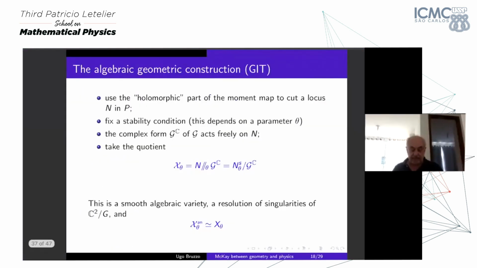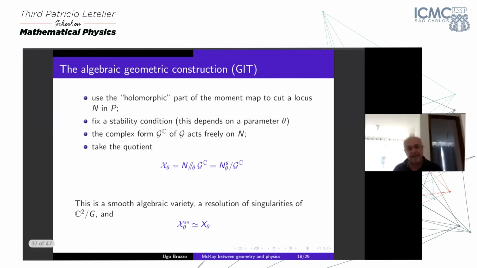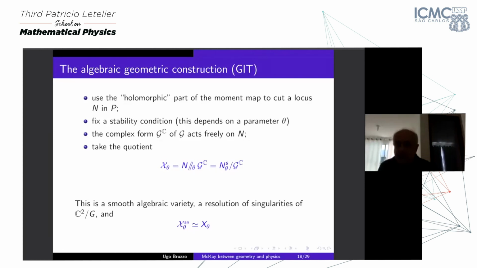So we are now in algebraic geometry. And then, of course, you still have the problem that if you take just the quotient now, you get something which is singular. And there's a way in algebraic geometry to select a subset of the space in such a way that the quotient is going to be smooth.